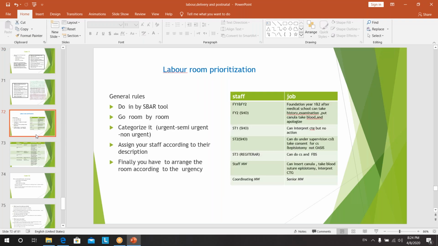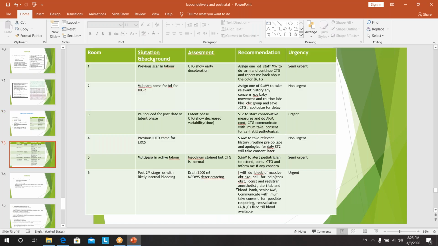Sir, in this case, room number 6 can't be sent an anesthetist registrar because it's a post-op patient anyway. Can't we send an anesthetist registrar to see this patient? Most of the time I have noticed that for any post-op patients we usually send the anesthetist.